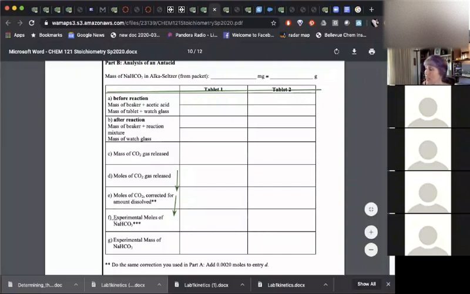And then we get experimental moles. We're going to go from the mass to the moles, and the moles to the corrected moles. And now, from this number of moles, we're going to use the relationship from part A to calculate how much bicarbonate was in there. And then from that value, we're going to calculate the grams that must have been in the tablet. Then we'll compare that to this value.